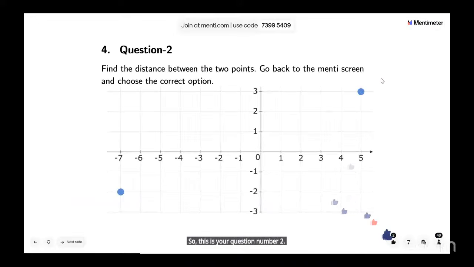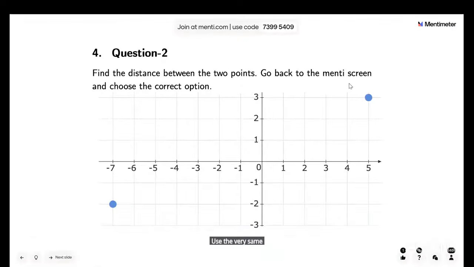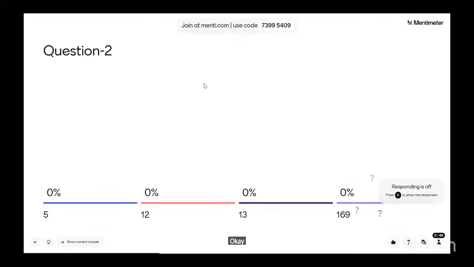Here again, you will have to find the distance between the 2 points and you can use the very same formula which Yuvanesh just told. Okay, please fill in your answers here.